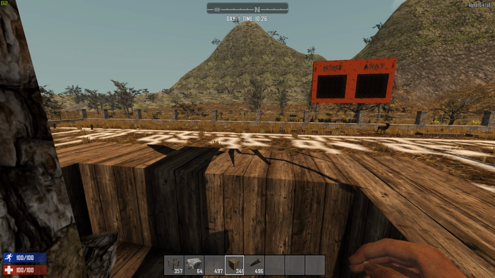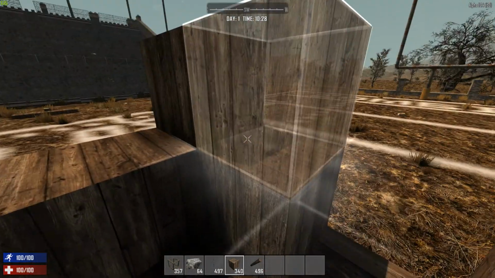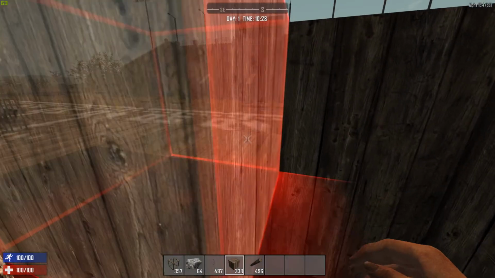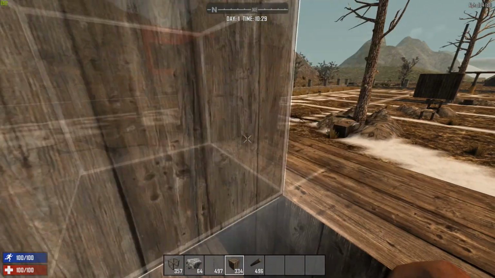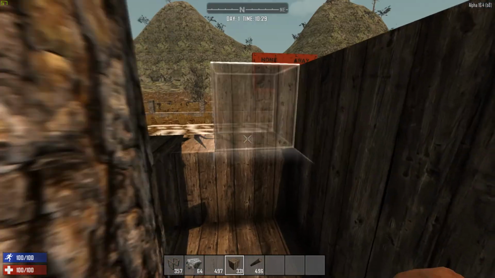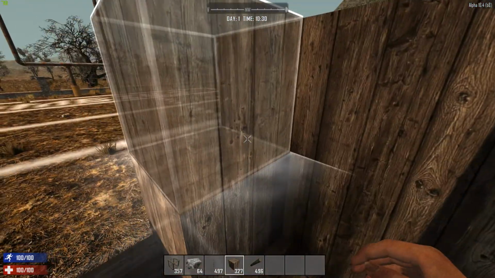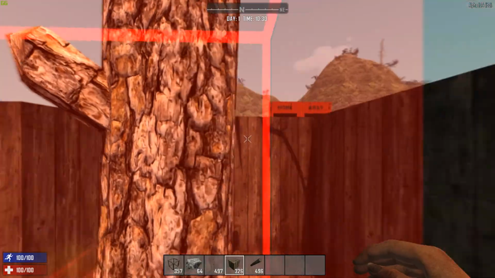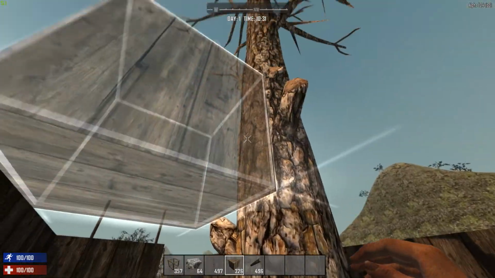So 28 plus 8, that's 36. So if we add 15 blocks each, we should have enough support. So that's 30 more blocks. 30 more blocks. And we still have 6 blocks spare.